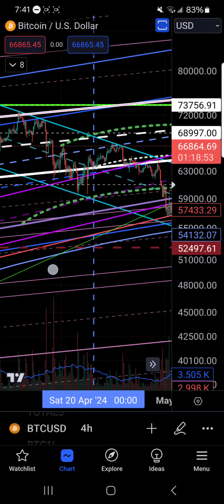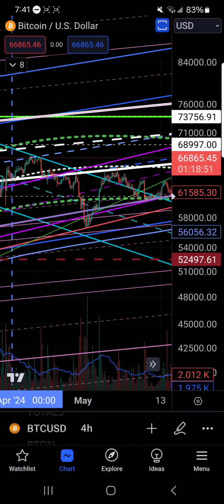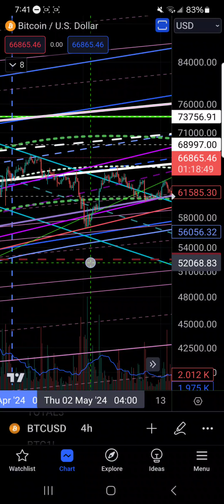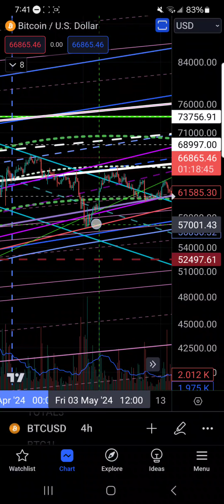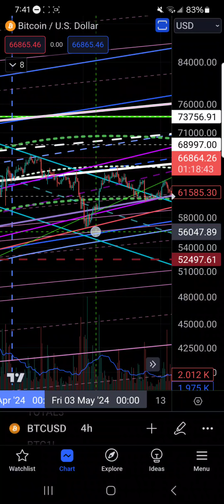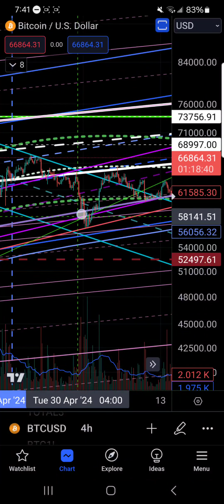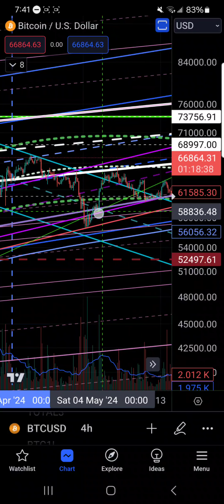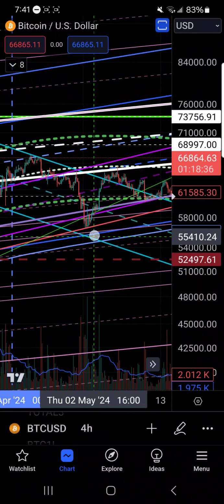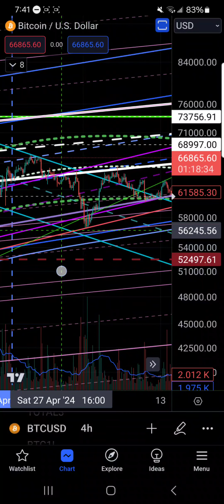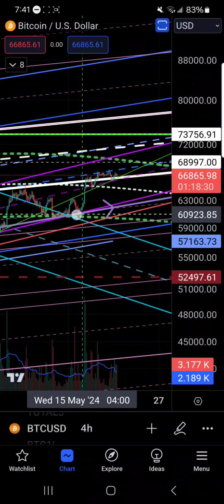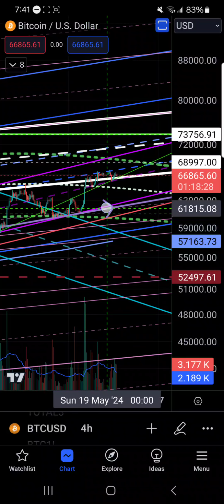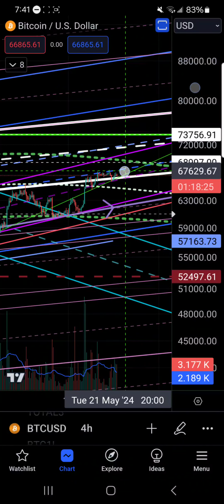And then these lines came back into play over here in early May. The red trend line acted as support again. The lavender line tried to act as support, but we lost it briefly and held it on the red trend line. And then you can see that we regained support on the lavender line here from where we bounced currently.